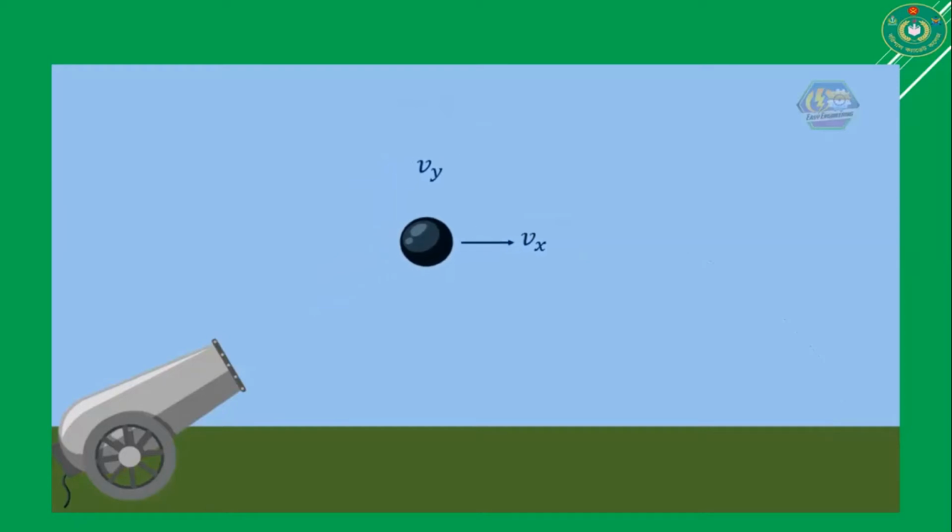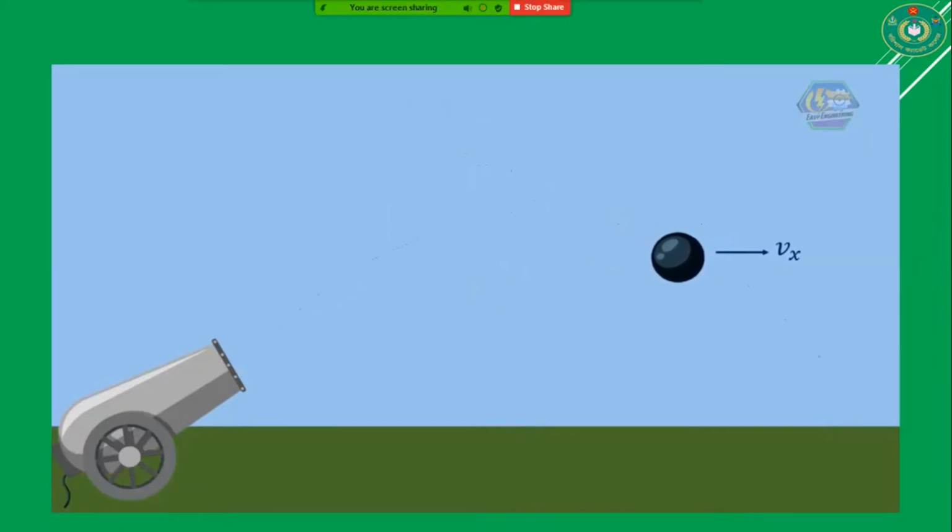When the velocity along y direction is equal to 0, the cannonball is in its maximum height from the ground. The cannonball continues its parabolic path. During its flight, the cannonball experiences a motion going downward while going to the right. This time the velocity along x direction is still constant, but the velocity along y direction is approaching to the value same as the initial velocity along y direction, but in negative value to indicate that it is going downward until the ball reaches the ground and the velocity is 0.